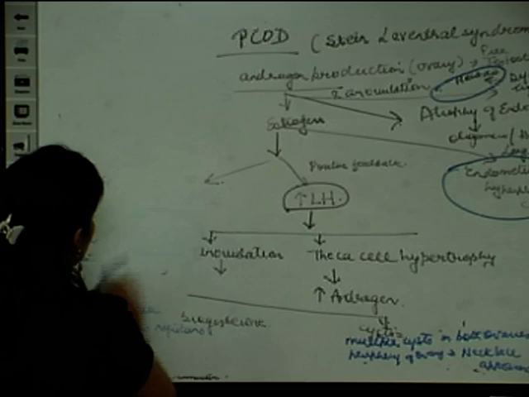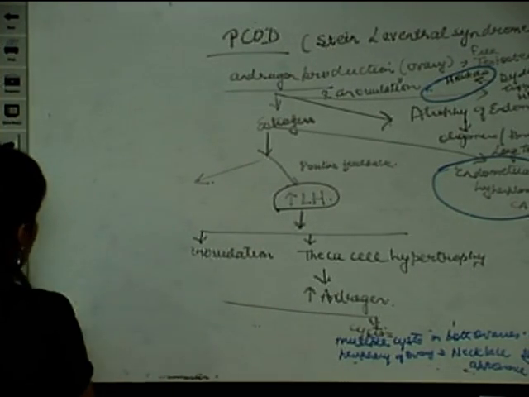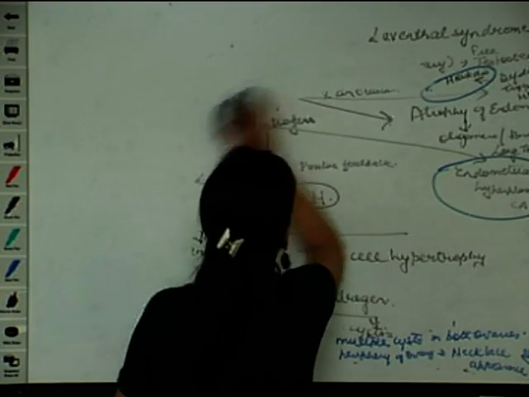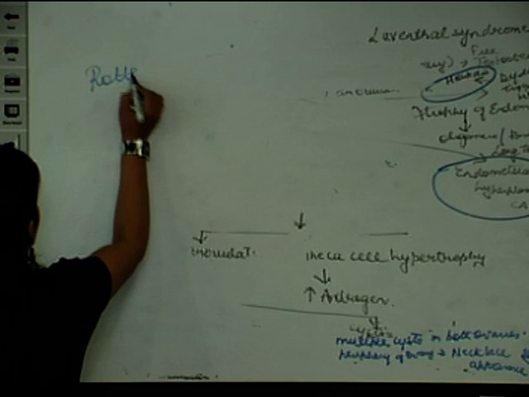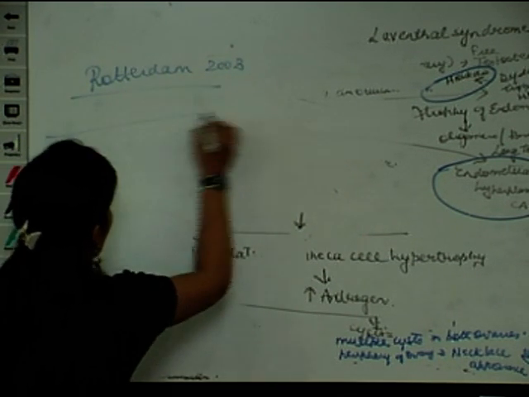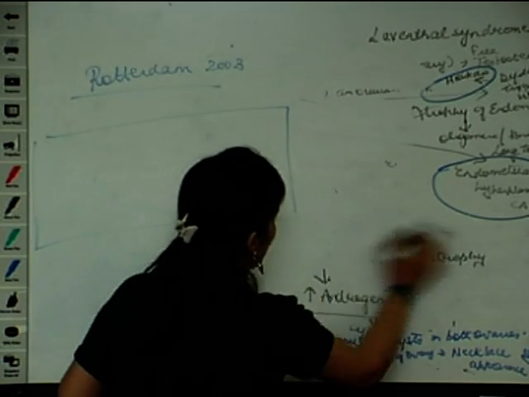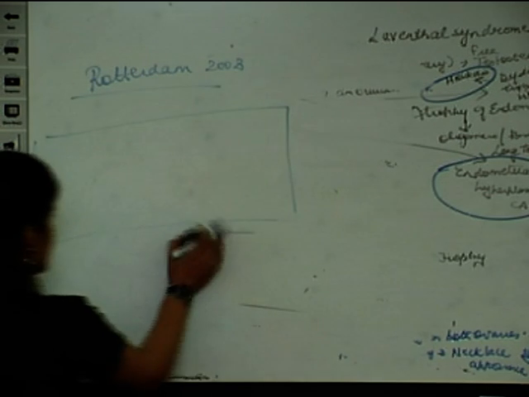Before managing, how do you diagnose a patient of PCOD? For the diagnosis of PCOD, there is a criteria which was given in Rotterdam 2003, which says any two of the following criteria should be fulfilled to classify a patient as PCOD.